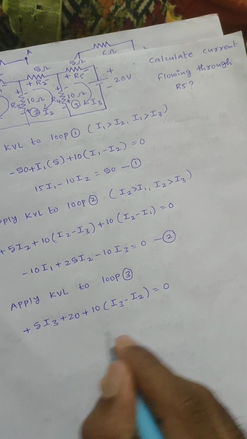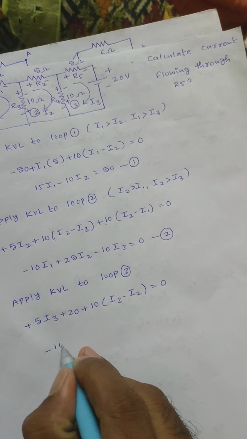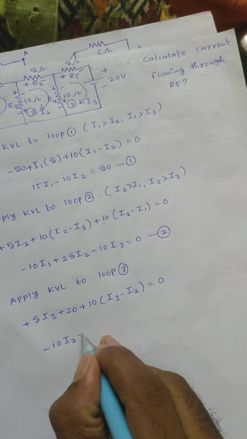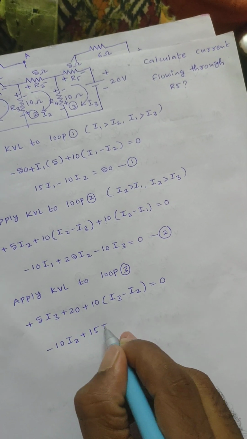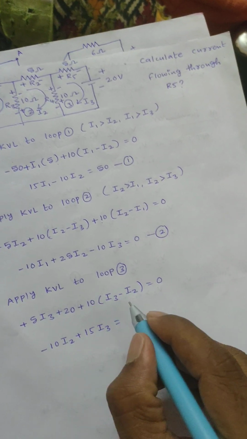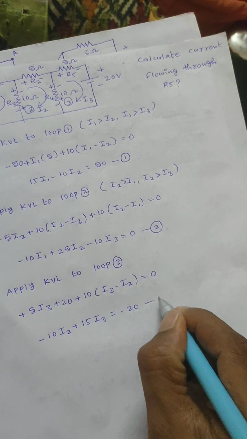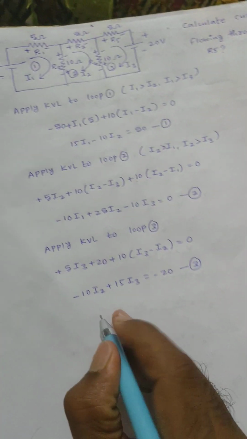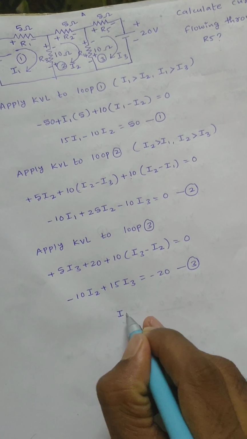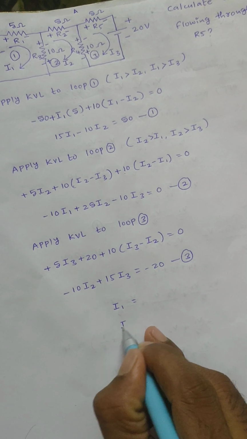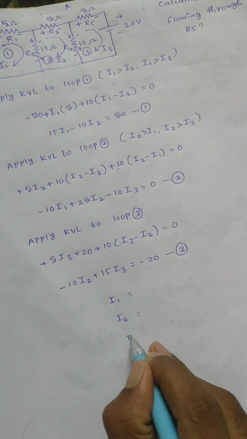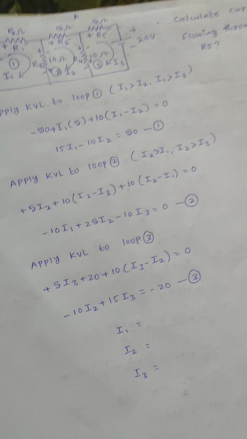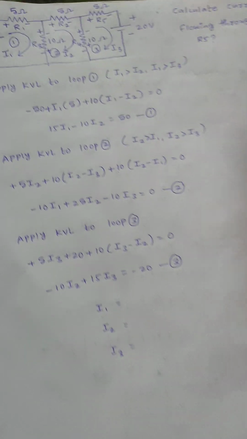There is no I1 term, then minus 10 I2 plus 15 I3 is equal to minus 20. By solving equation 1, equation 2, equation 3 in the calculator, you will get the I1 value, I2 value and I3 value in amperes or milliamperes, whatever it may be.